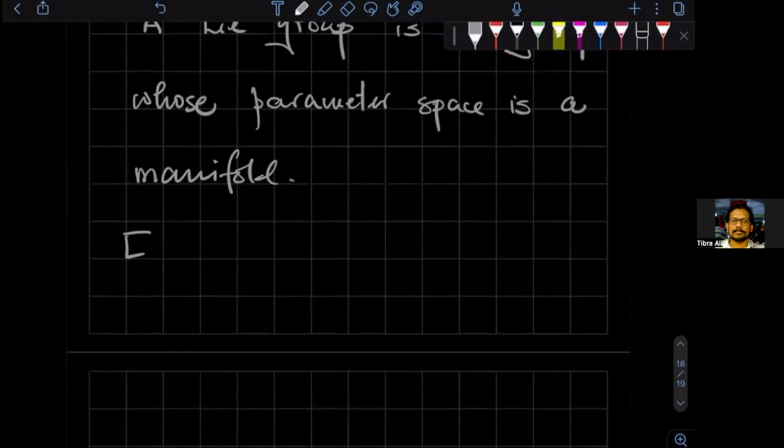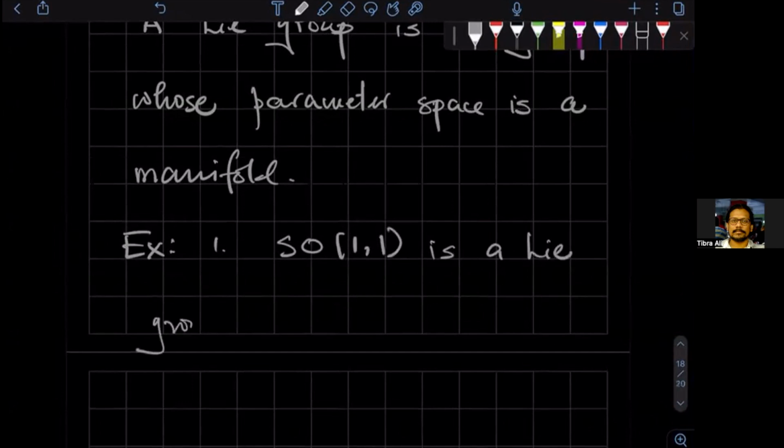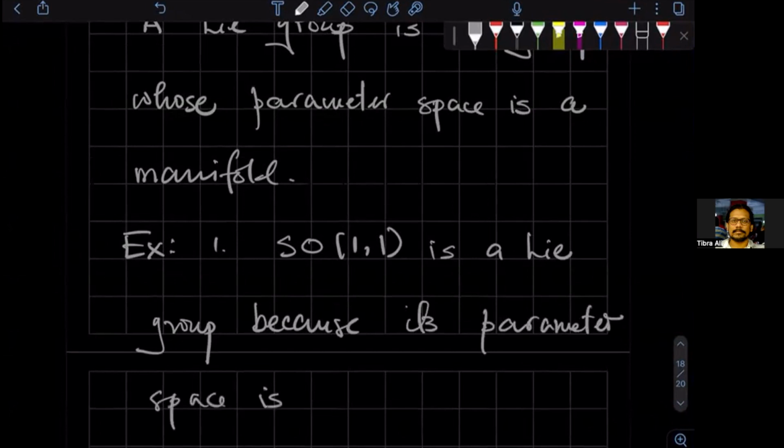So for example, number one, SO1,1 is a Lie group because its parameter space is R1.